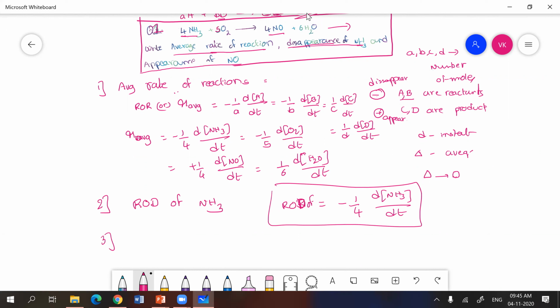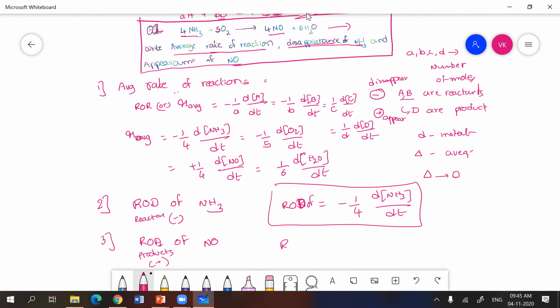Similarly, you can write one more: the rate of appearance of NO. Rate of appearance means a positive term. Rate of disappearance relates to reactants and should be indicated with minus. Appearance relates to products, and you indicate it with plus.